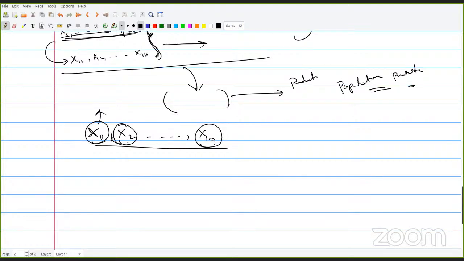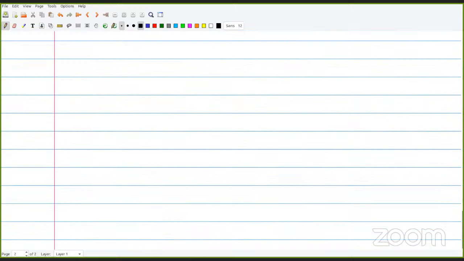Yeah. So now let us take some random samples which are IID. Again, let us take an example.